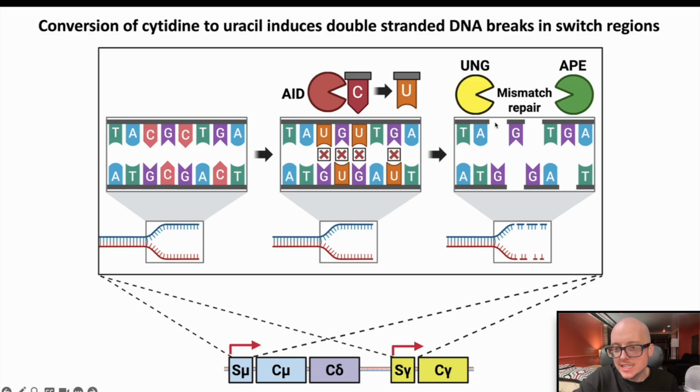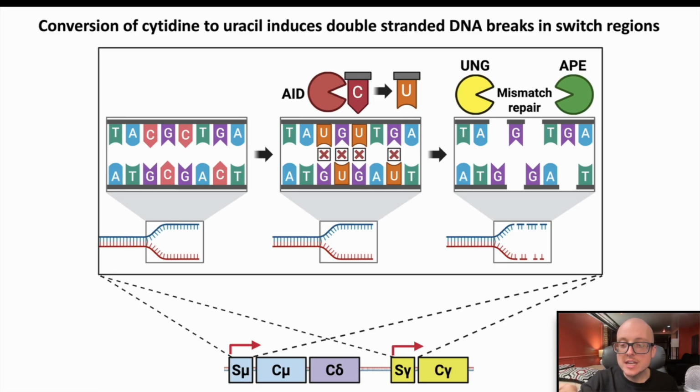They will basically just eat them out, clip them out. And this induces a combination of several types of DNA damage, including double-stranded breaks, which hopefully you can appreciate in this cartoon here. There are breaks on both sides of the DNA. And those double-stranded breaks are what are going to be really important for inducing the downstream processes associated with recombination.